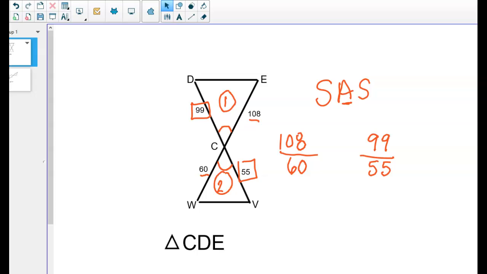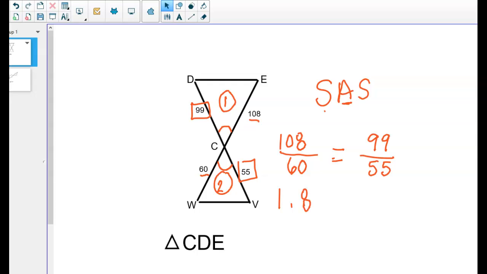Now if these are equal, then I will know that these triangles are similar by side, angle, side. The way to check if they are equal is to get your calculator and turn them into a decimal, or alternatively, you could reduce the fractions. In my calculator, 108 divided by 60 gives 1.8.